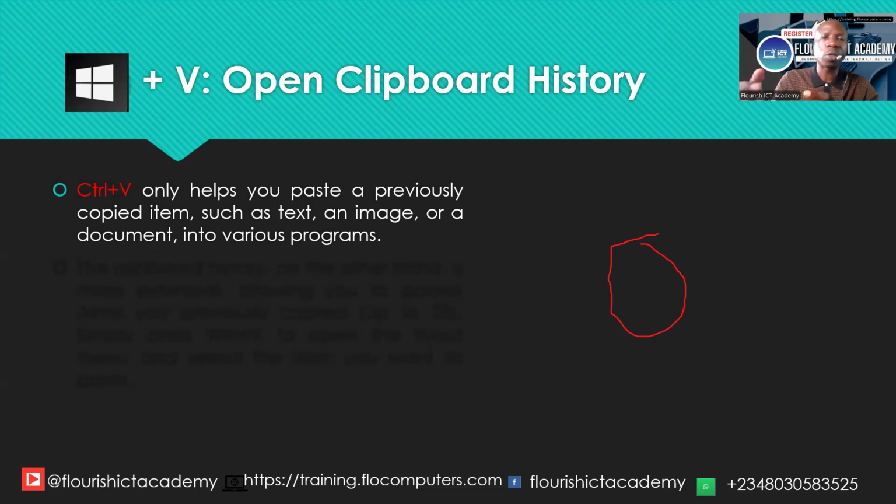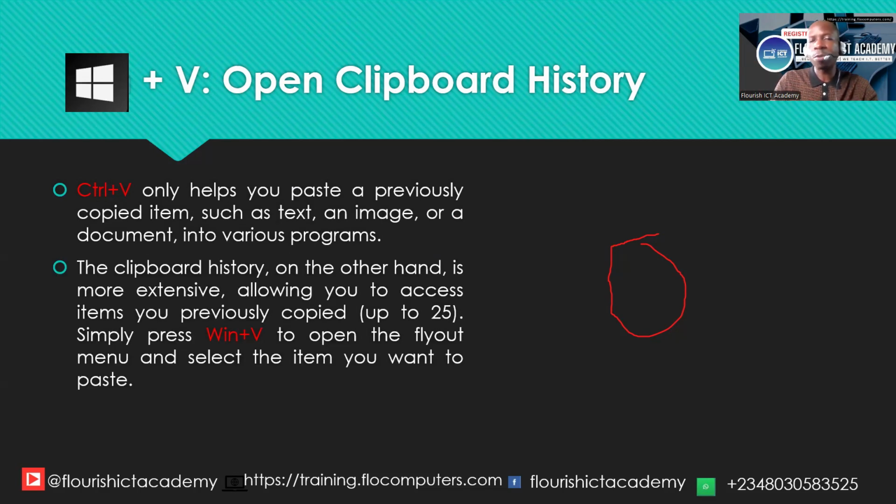Now, when you copy something on your computer, Ctrl V will help you to paste. Ctrl V will only paste the last item that you copied. But when you use Windows key and V instead of Ctrl V, remember you are doing V for both of them.